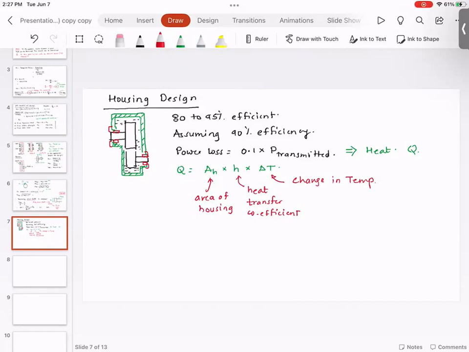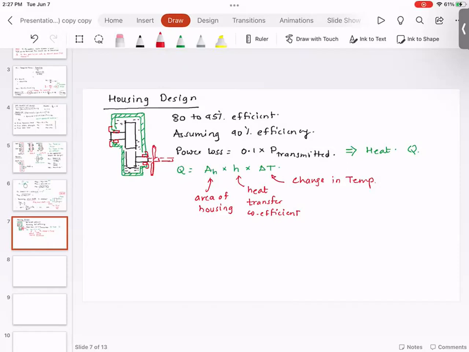But if free convection is not sufficient, sometimes on these gearboxes you would notice that there will be a fan attached to the output shaft. The purpose of this fan is to increase the airflow, which improves the heat transfer coefficient, and that is used in cooling the housing.